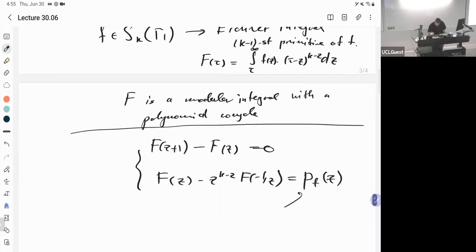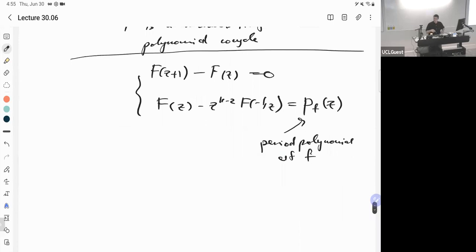This is called the period polynomial of f. And this polynomial has some nice transformation properties.